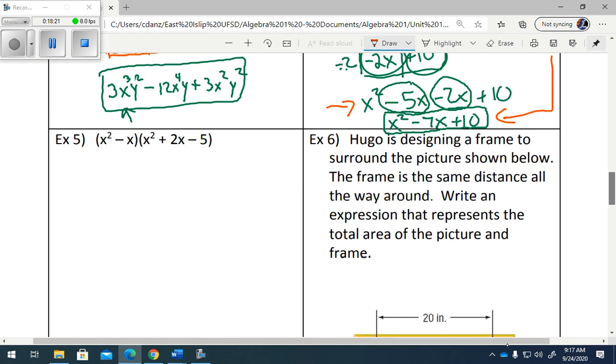So if we did number 5, I'm just going to give you the answer. No, I'm going to do the box method. I'm going to make my binomial, so I need 2 pieces here, and my trinomial, so I need 3 pieces up here.